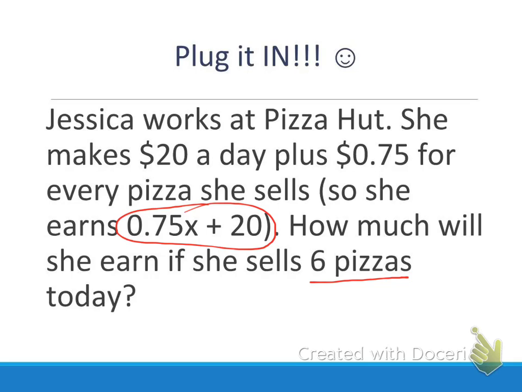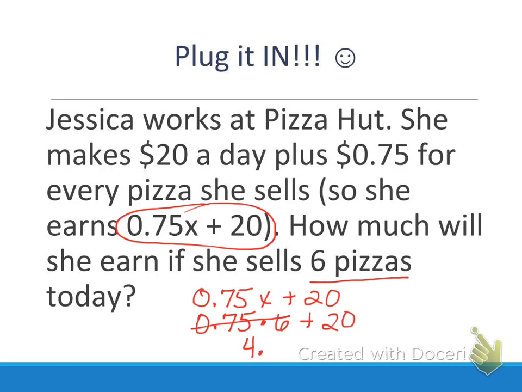So we're going to write the equation first, 0.75x plus 20. And where x is, we're going to put in 6. Okay? And now we have to follow that order of operations. So 0.75 times 6. I'm just going to tell you the answer is 450.